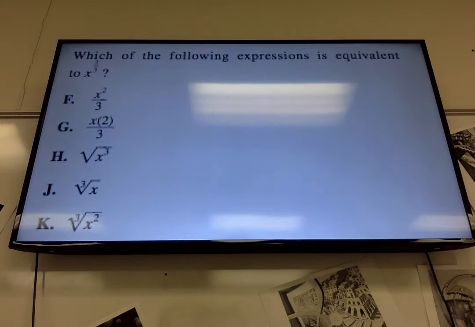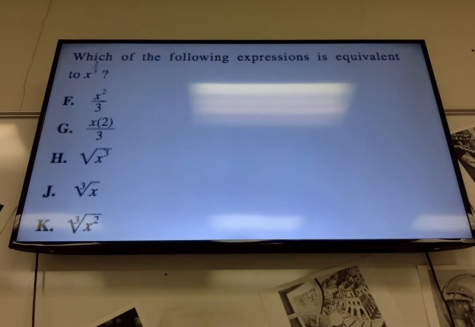Okay, so this is just something you definitely need to know for this class because we're going to use it and for the ACT. It's an exponent rule.